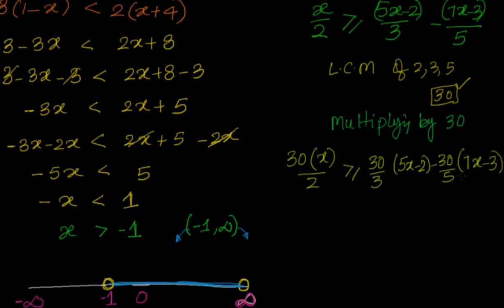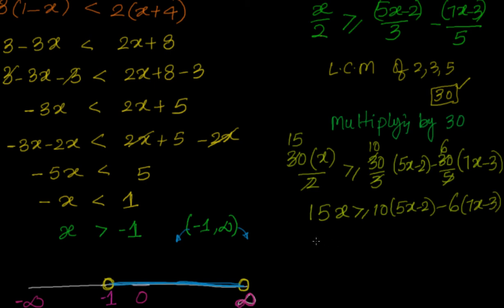Now, if I simplify that, I'll have 2 15 times, so I can go ahead and say 15x greater than or equal to 3 10 times, so can I say 10 into 5x minus 2 minus 5 6 times, so I can say 6 into 7x minus 3.